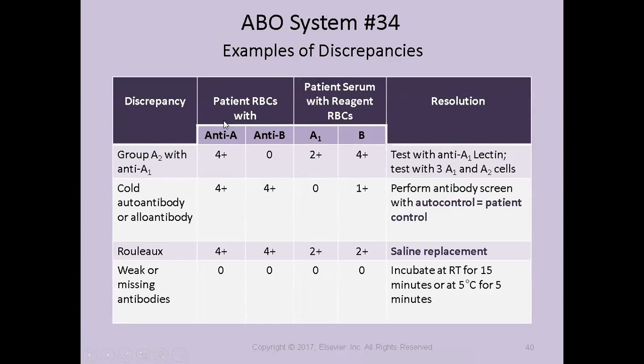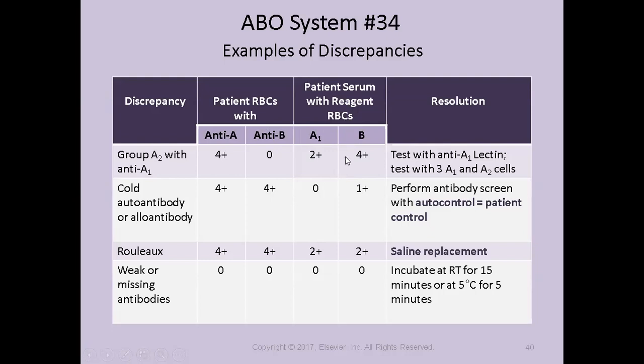Let's look at our forward typing. The forward typing, they type as A. Okay, that's fine. We look at reverse typing, however, it looks like they have an anti-A1 and an anti-B, which means they're looking like type O on reverse typing. So that is absolutely a discrepancy.